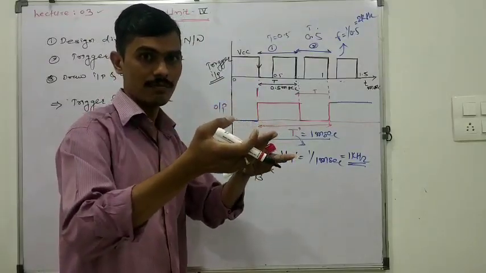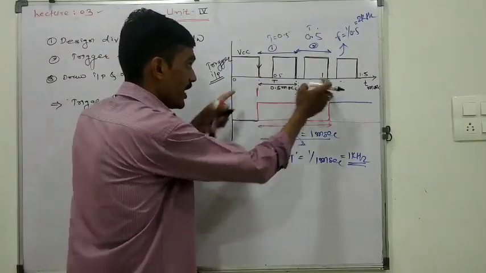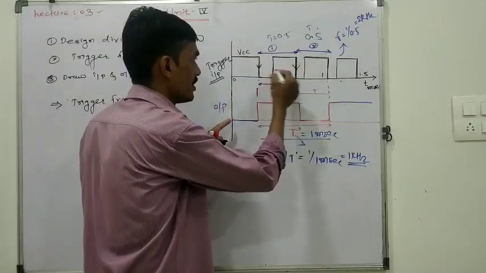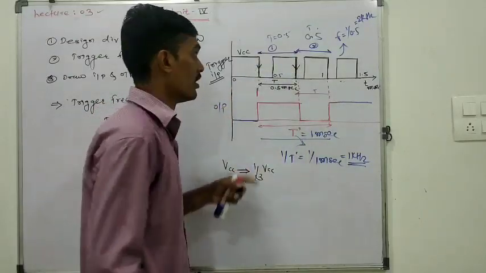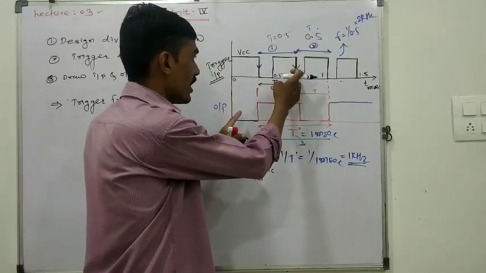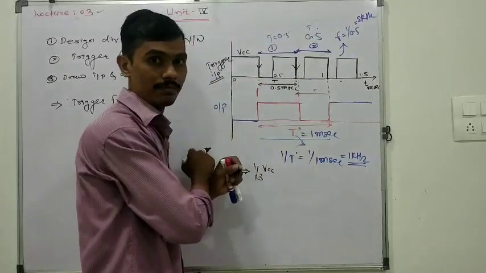Is it right? During the 2 half cycles there are 2 transitions. This is the first transition and this is the second transition. Now consider the pulse width, that is the capacitor charging, less than this total time.